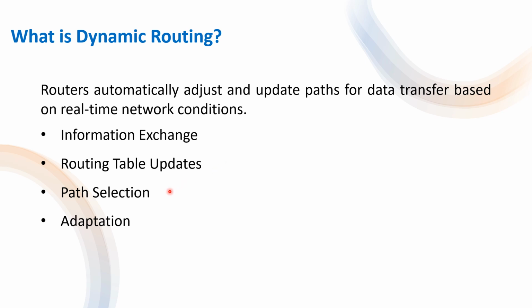Routers use algorithms to choose the best path for data, considering factors like cost and congestion. When the network changes, such as adding a new router or a router failing, the protocols automatically adjust the routes to fit these changes.